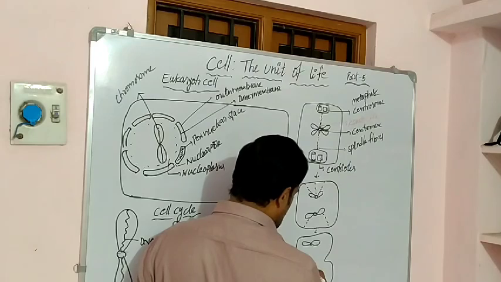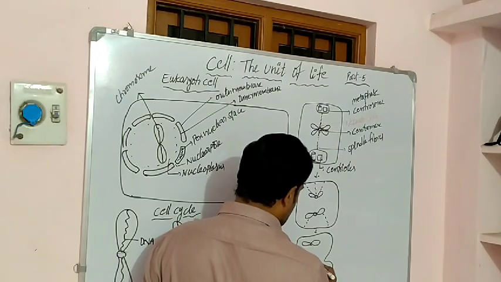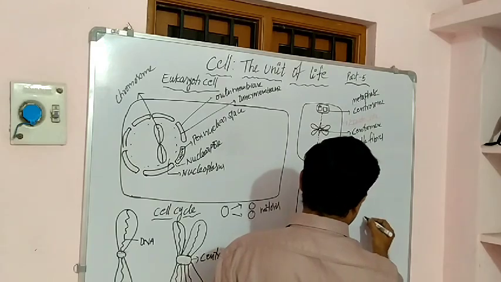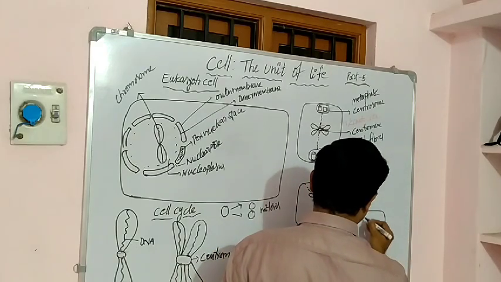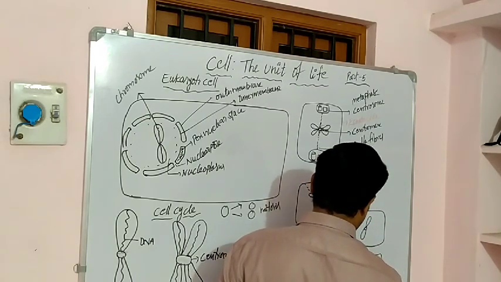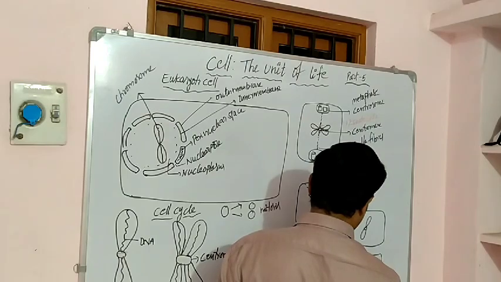This groove separates the cell into two daughter cells, and each has its own chromosomes, the same number of chromosomes.